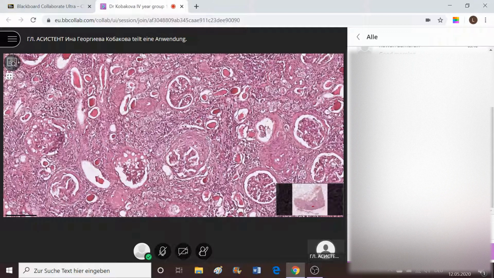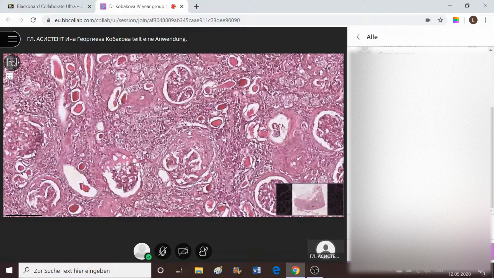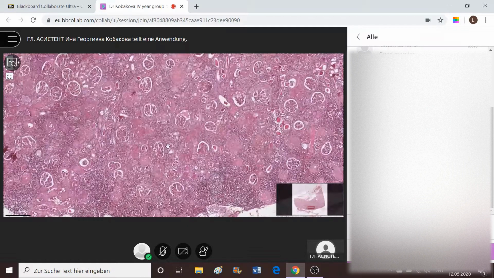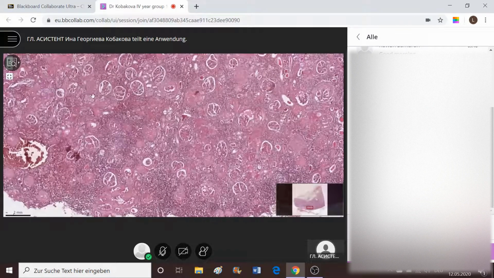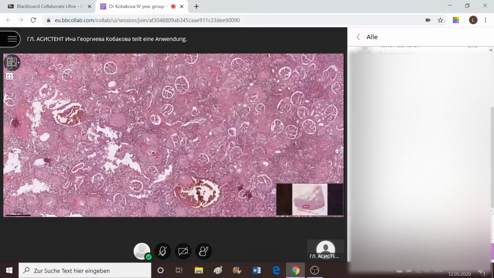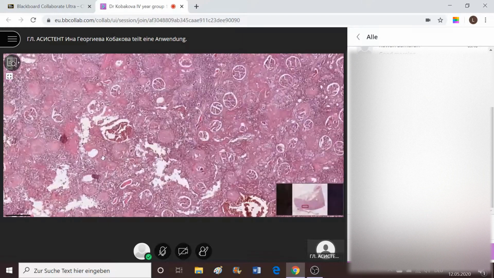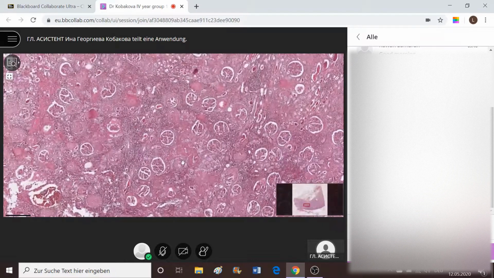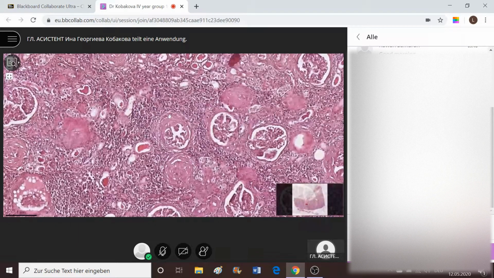If you take a look at more glomeruli at distant fields from this, you might find that crescents are formed at multiple places here and there. So it's not only in this field that there is formation of a crescent, which is mainly a fibrotic crescent. It's not actually the one with fibrin, which we expect to see in crescentic glomerulonephritis.